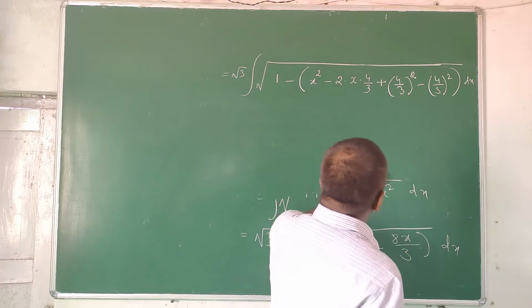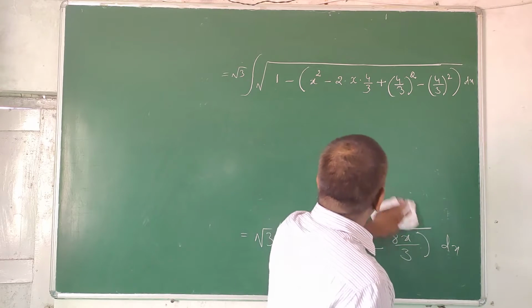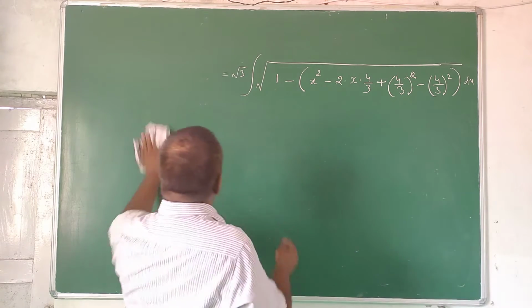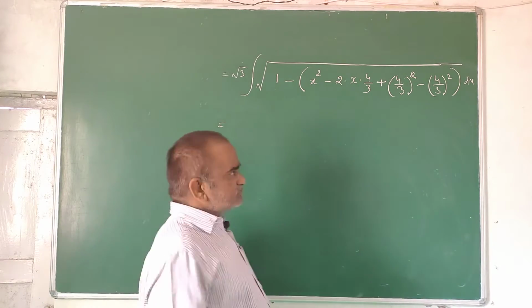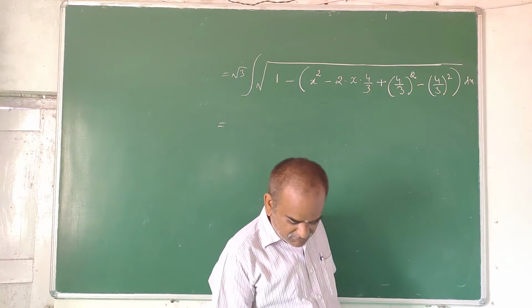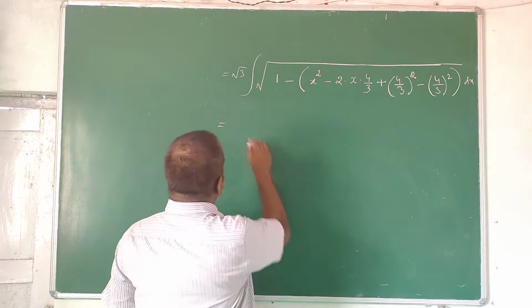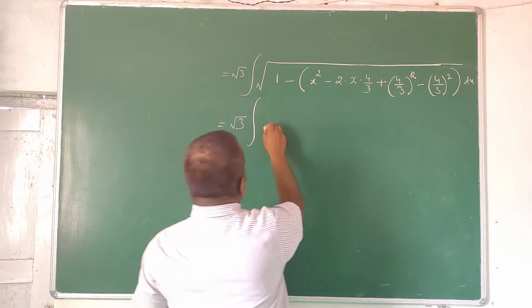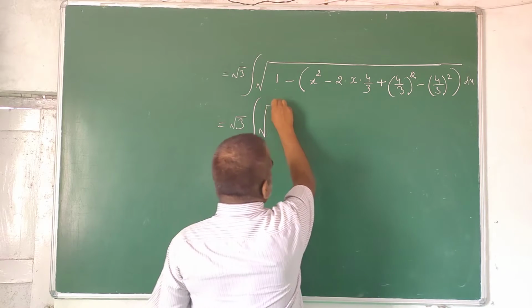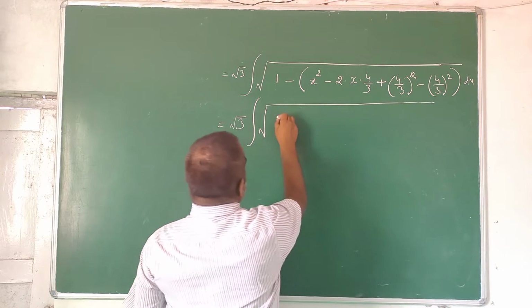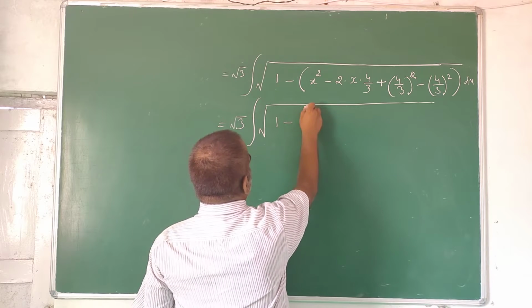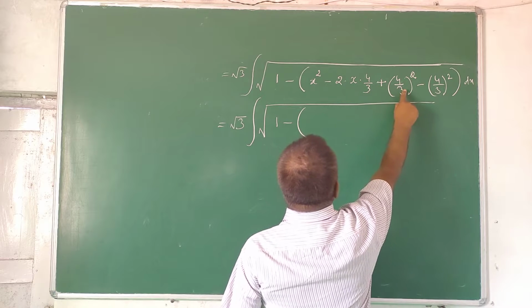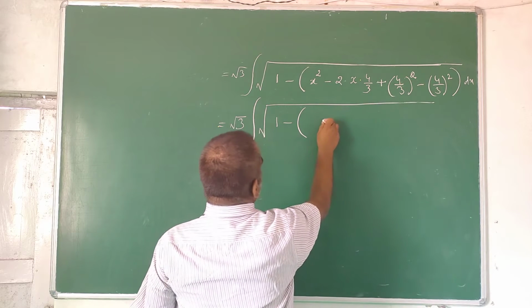So this is equal to root 3 into integral root over 1 minus, now this is a square minus 2ab plus b square, which is a minus b whole square.